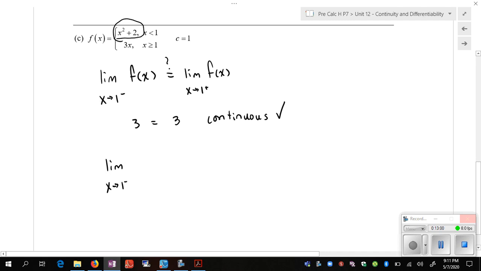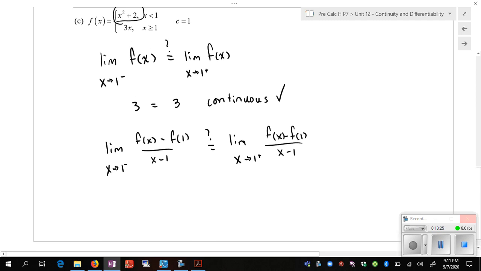We're going to have to do this one as 2 separate statements. The limit as x goes to 1 from the left of f of x minus f of 1 over x minus 1, and the limit as x goes to 1 from the right of f of x minus f of 1 over x minus 1.